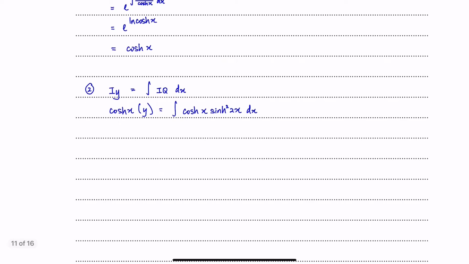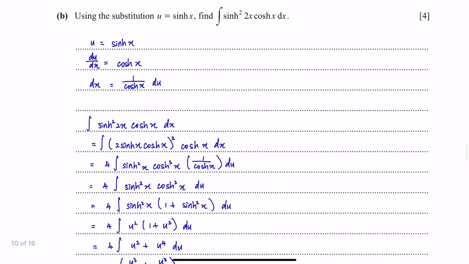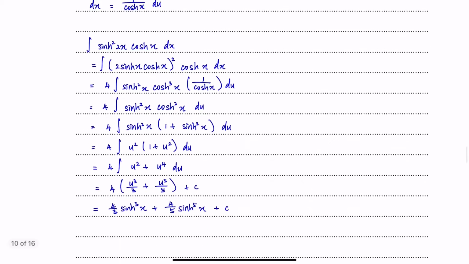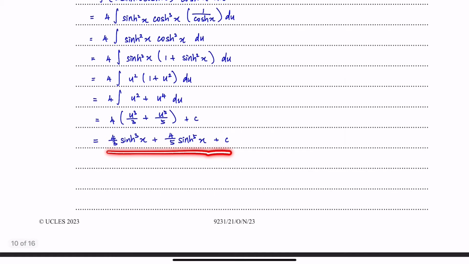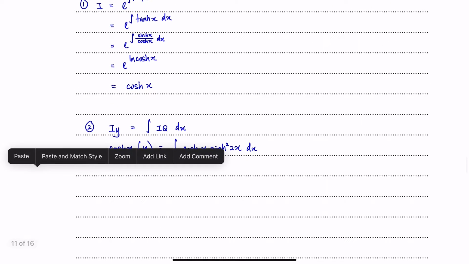And we have actually done this in part B. The integral of sin square 2x cos x is this one. So we can copy this and paste it here.